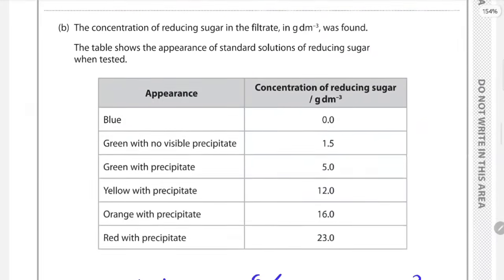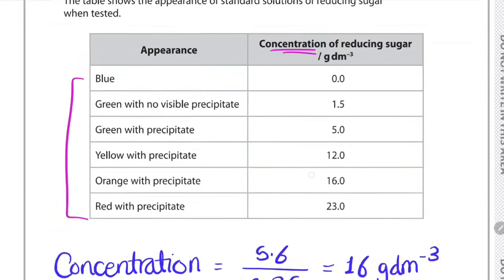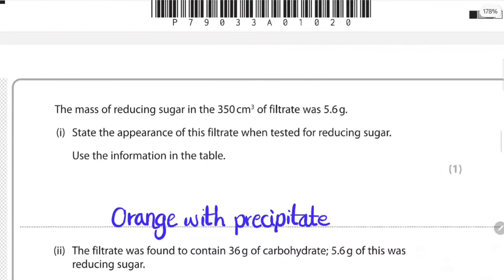Alright, let's continue. The concentration of reducing sugar in the filtrate in gram per decimeter cube was found. The table shows the appearance of standard solutions of reducing sugar when tested. I have the appearance of all of them linked to each concentration of reducing sugar. The question here says the mass of reducing sugar in the 350 centimeter cube of filtrate was 5.6.